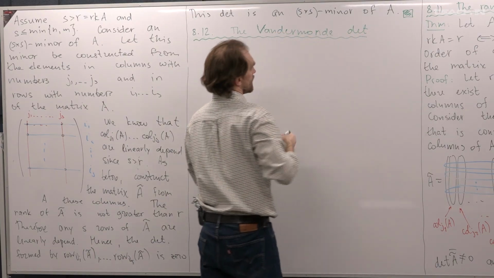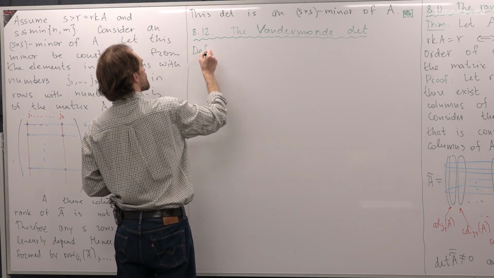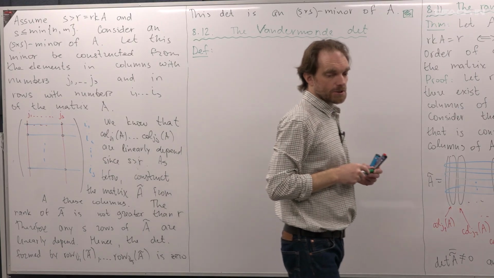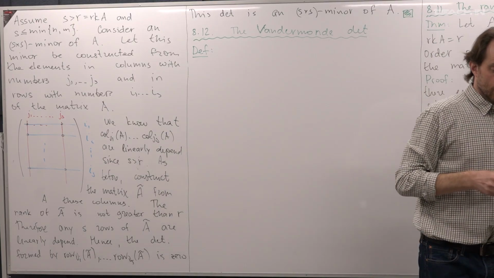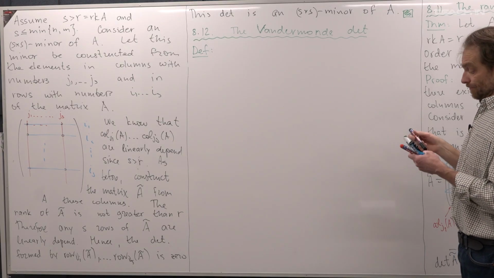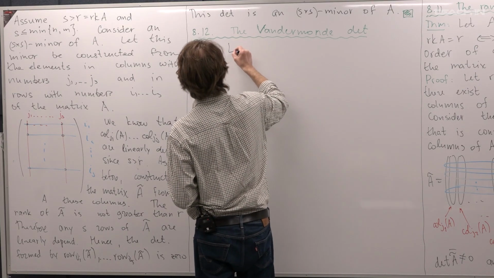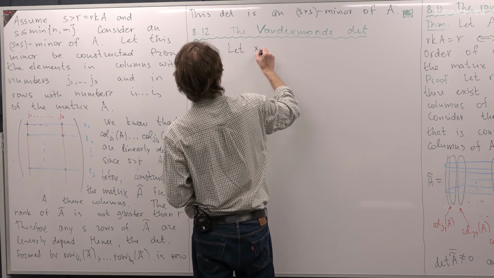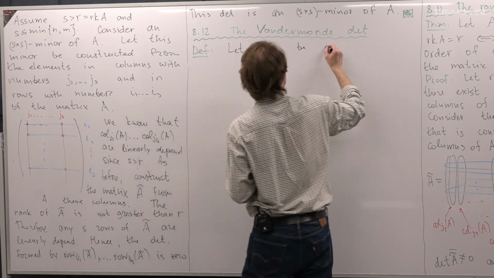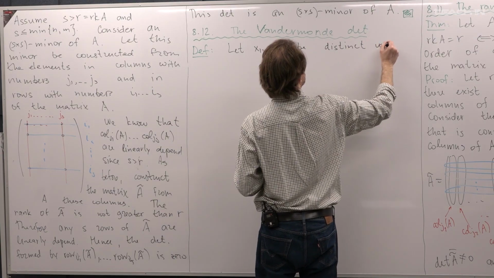This is some particular determinant that is used in different situations, and that's why we need to discuss it. So let us give the definition. Let x1, etc., xn be distinct variables.